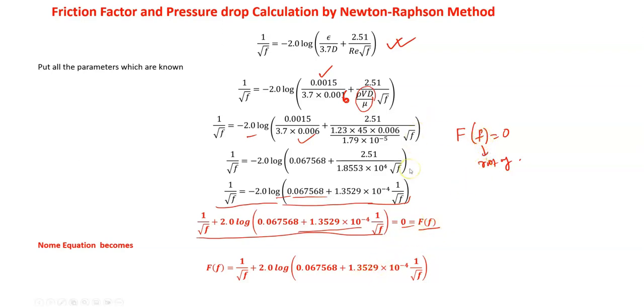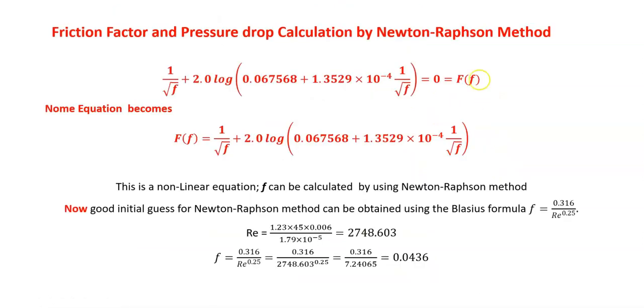Now how do we solve that? This is the equation, right? Since F(f) is a nonlinear equation, if we use the Newton-Raphson method we first need an initial guess.